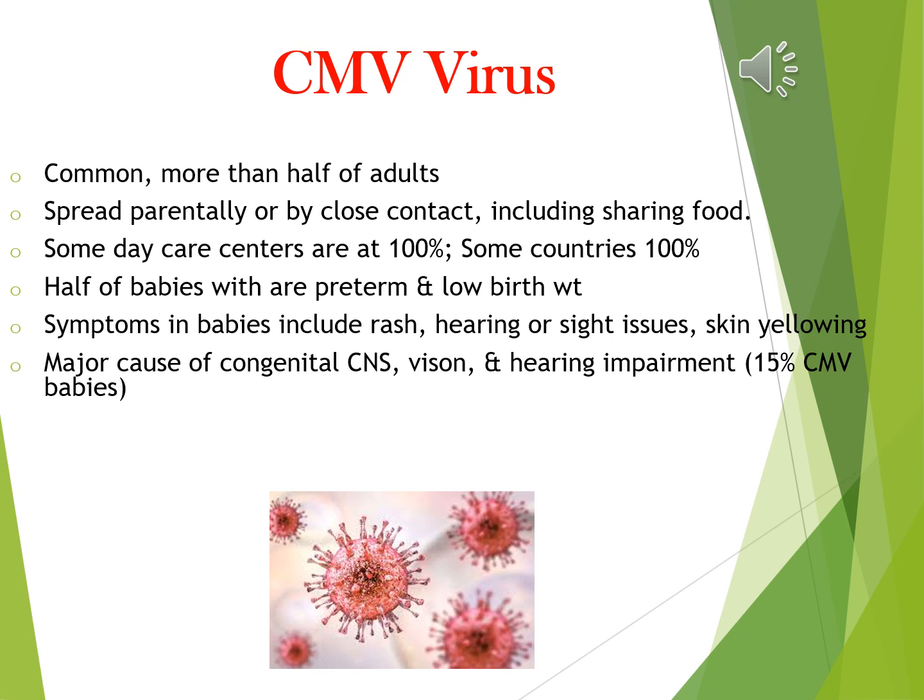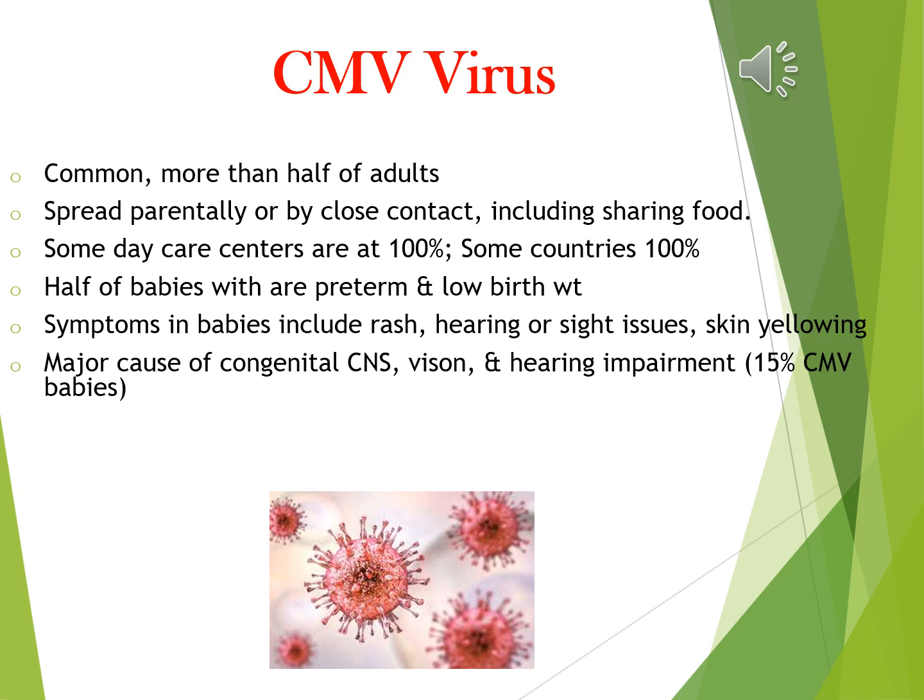In some countries, virtually 100% of children will get exposed to it. Of the babies that are exposed prenatally, half of them will be preterm or low birth weight. We know how serious that is, or we will in this chapter. If the child develops it after birth, symptoms will include a rash, hearing or vision symptoms, or yellowing of the skin due to liver issues. There's many more symptoms, but those are some of the big ones. So rash, hearing or sight, or yellowing.